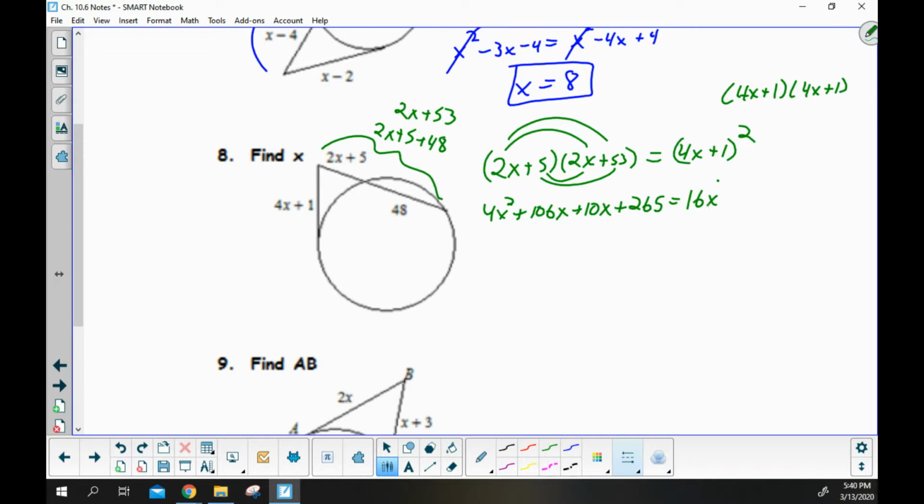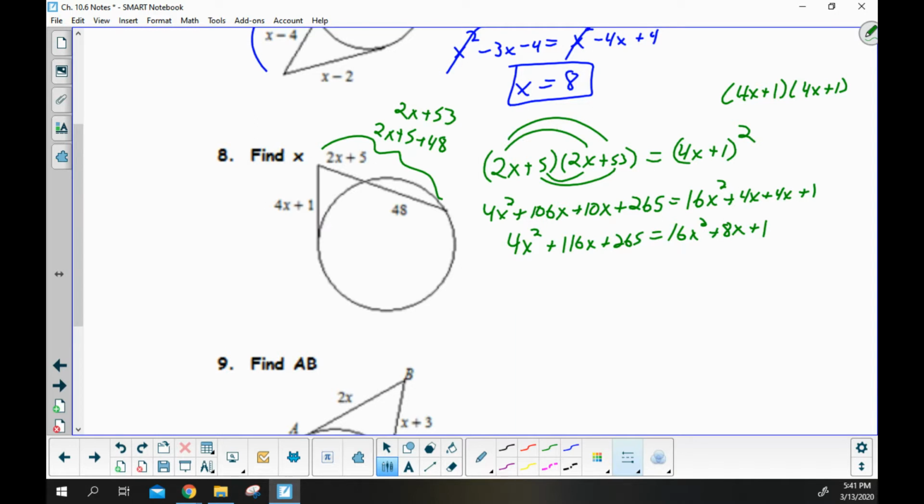That's 16x squared plus 4x plus 4x plus 1. All right, combine like terms: 4x squared plus 116x plus 265 equals 16x squared plus 8x plus 1.